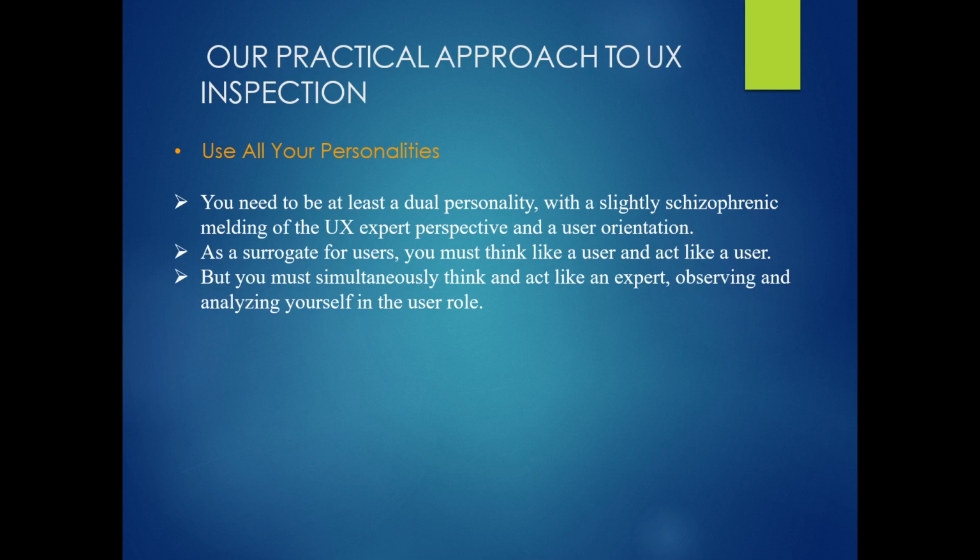So when you have the combination of both, where you act like an expert, you observe, you analyze, and then think and act in the way the user will work with it, then you will get a better perspective of how the system will work in the real environment.